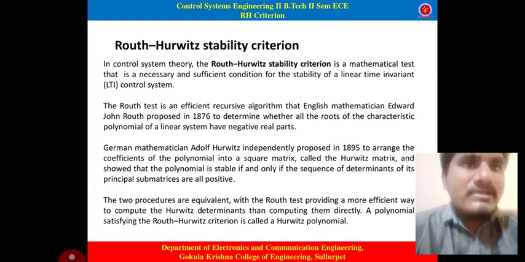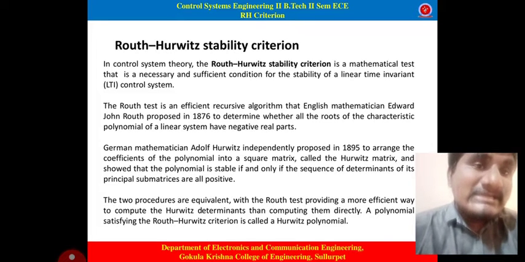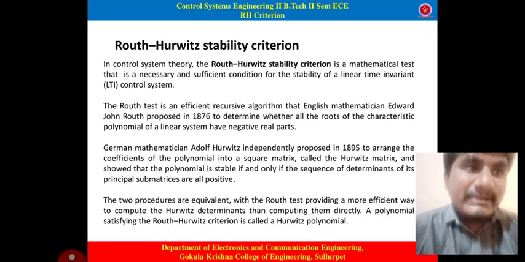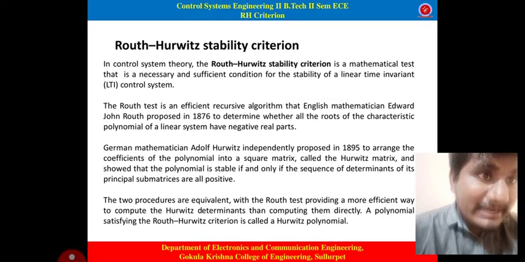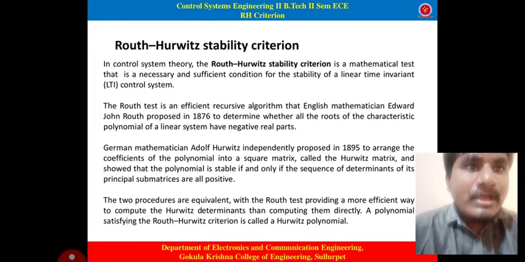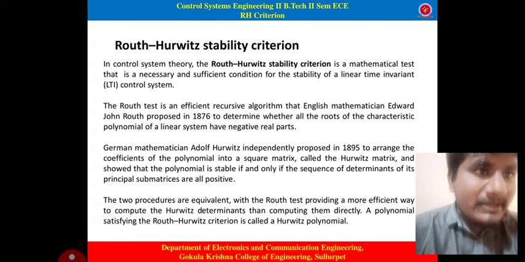Then going further, RH criteria. To identify the stability of a system, this is the first technique, proposed back in 1895. Routh proposed this particular mechanism in 1876, and Hurwitz proposed independently in 1895 in a different pattern, but both are very similar.